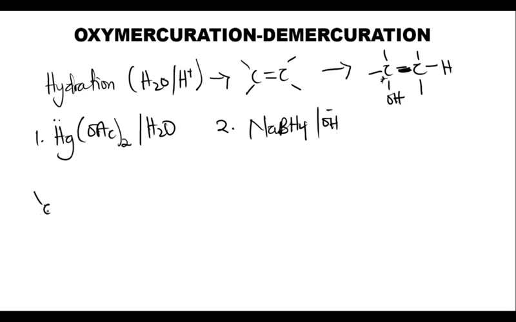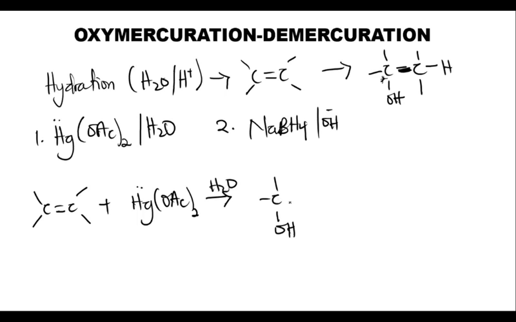So let's look at what actually happens. In case we have an alkene of the general form like this, then we add our mercuric acetate, that is, Hg(OAc)2, in the presence of water. We get an intermediate that looks like this with the OH group attached, and then we have the mercury, then the OAc group attached over here.